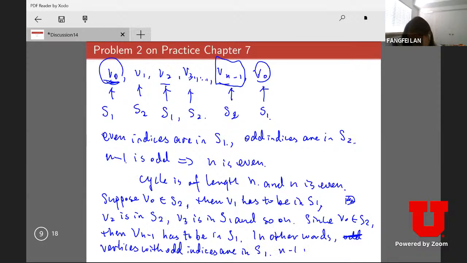N minus 1 is odd, then n is even. So I'm just going to write here, n is even. Okay, and then you can just write a conclusion. Therefore, the cycle of length n is always even. And QED.